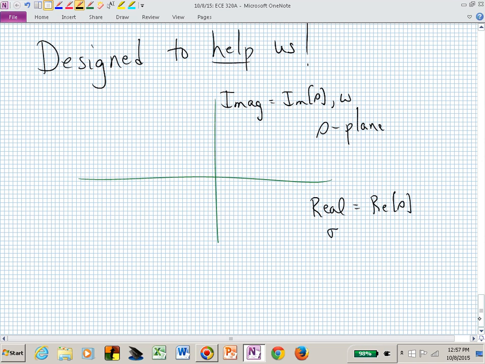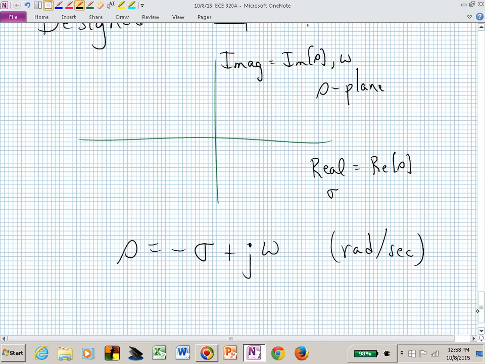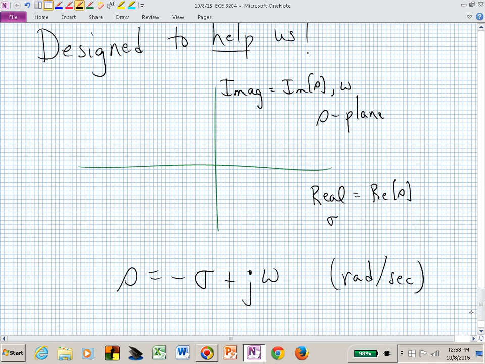And this complex frequency variable, we will separate into its real and imaginary parts, sigma and omega, and s has units of radians per second. Per second, that's the frequency. Radians, that's giving us this rotation type angular rate or a frequency concept.